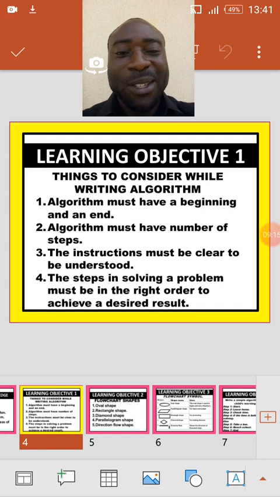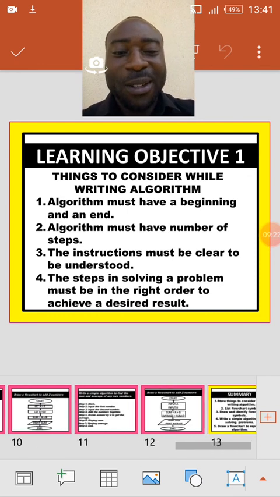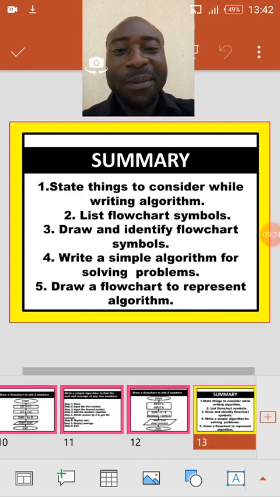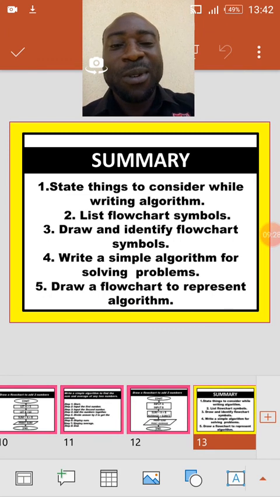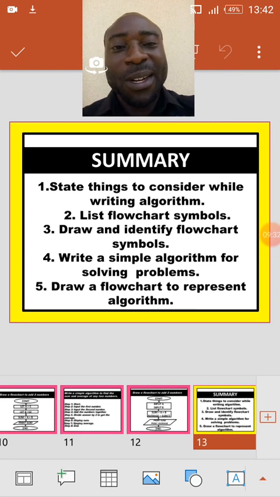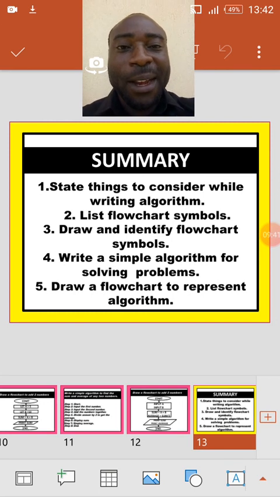The steps in solving a problem must be in the right order to achieve a desired result. Then we also look at the list of flowchart symbols, where we have the oval shape, the rectangular shape, the parallelogram shape, the diamond shape, and also the arrow or direction flow line.